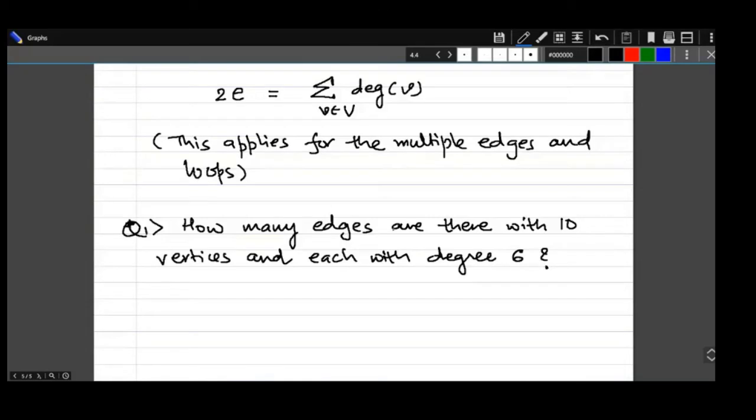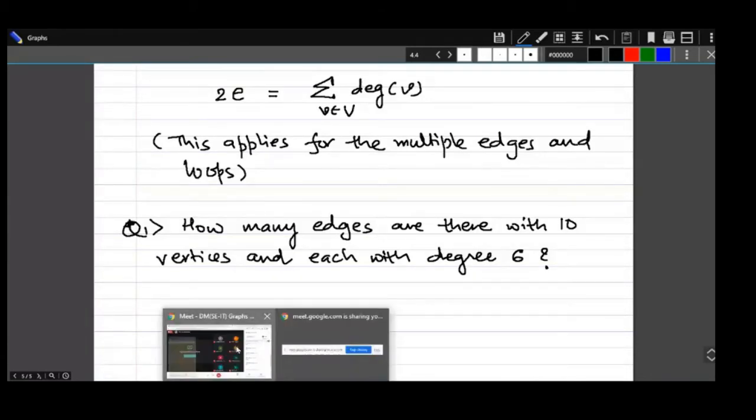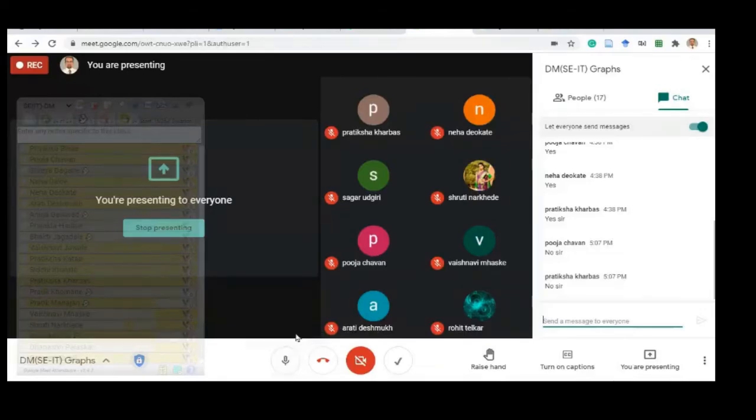So how many edges are there in the graph when you have 10 vertices and each vertex has degree 6? Quickly type the answer in the chat box. I will just switch to Google Meet.